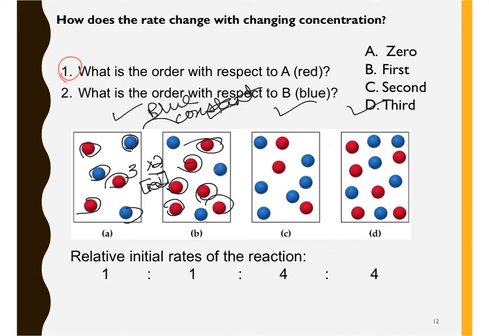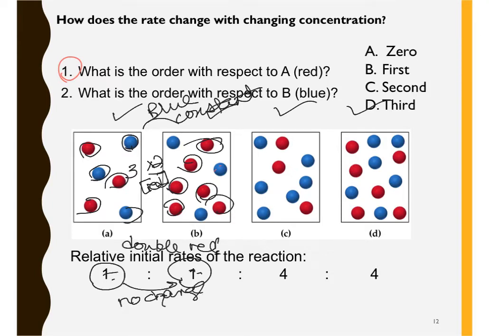All right, now that you've determined which two experiments to look at and how much the concentration of one of the reactants has changed, you want to look at the effect on the rate of reaction. So the question is, when we double red, what happens to the rate? Nothing. The rate is the same, 1 to 1.